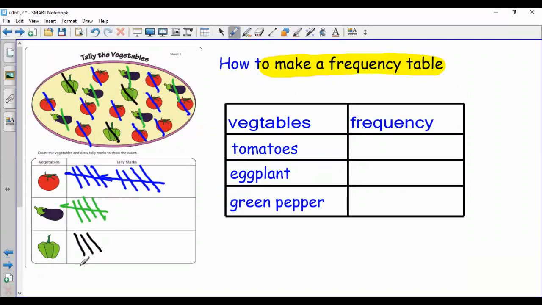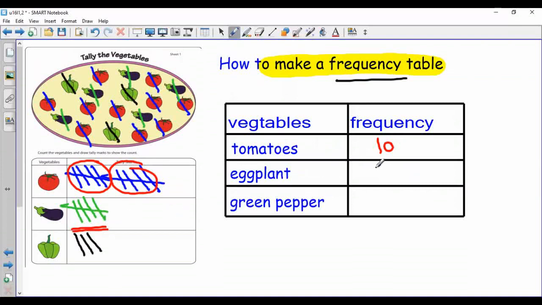How can I use this tally chart to make a frequency table? So easy. Count the tallies. For the tomatoes, how many tomatoes are there? I have here 5 and another 5, which means 10. So the frequency of tomatoes is 10. What about the eggplant?